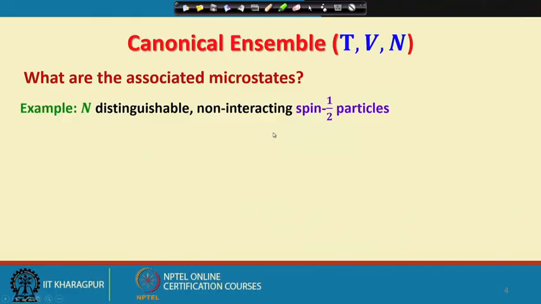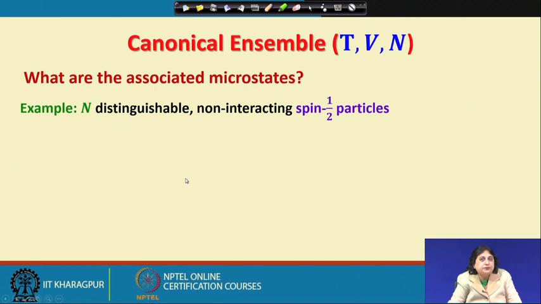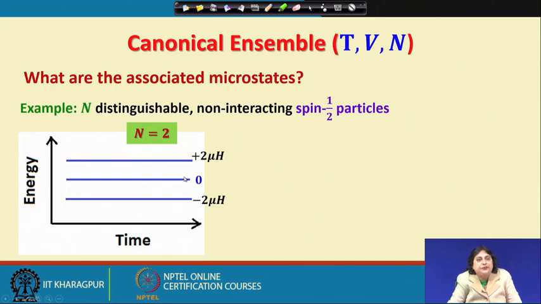So, if I look a little closely in terms of a simple example, let us revisit the example of n distinguishable non-interacting spin half particles present at a given temperature T, with V and the number of particles fixed. Now, let me take this very simple example of two such particles.